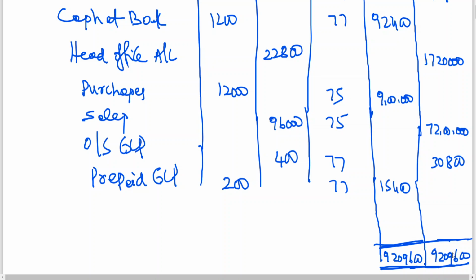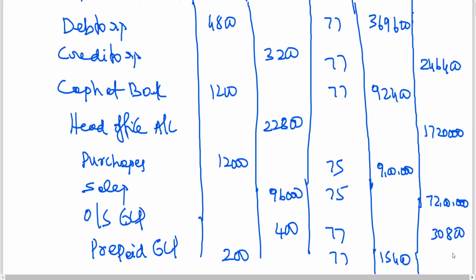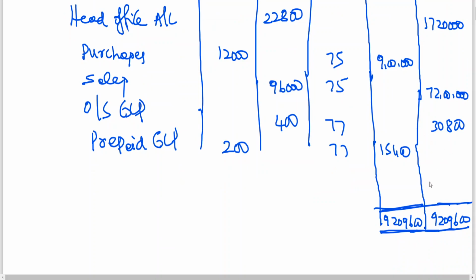From that, you should keep on deducting the credit side items. You're getting a difference of 12,400.